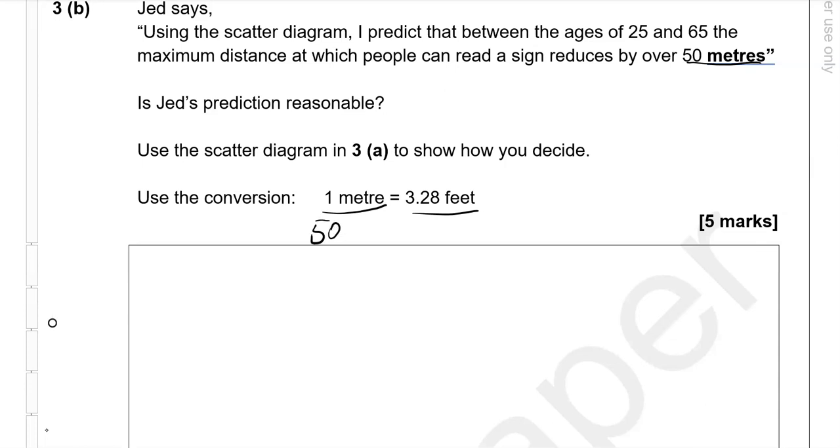What about 50 meters? So it's 50 times larger. So we'll multiply 3.28 by 50, which gives us 164 feet.